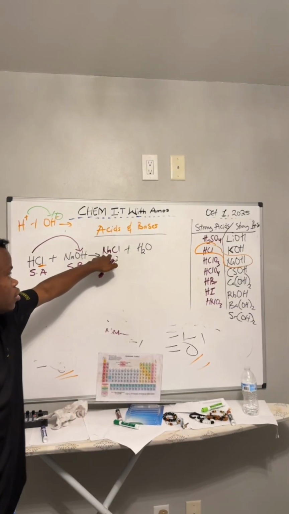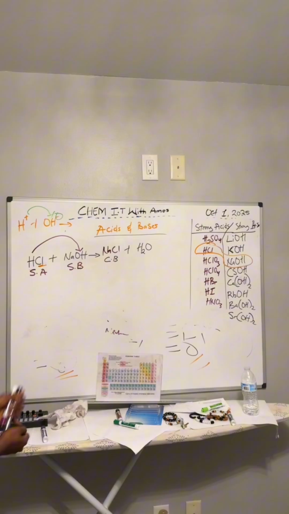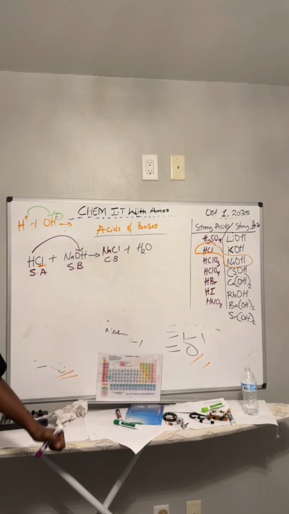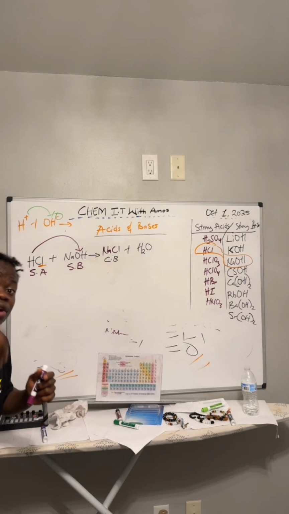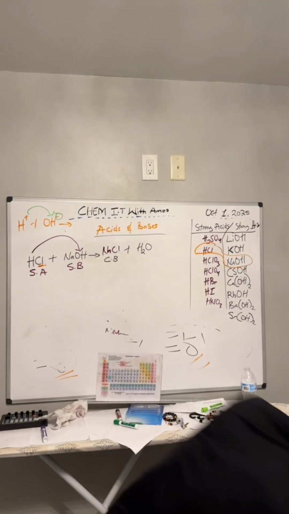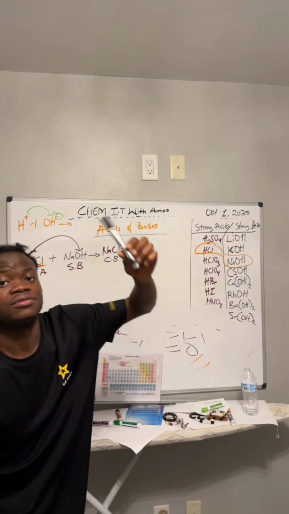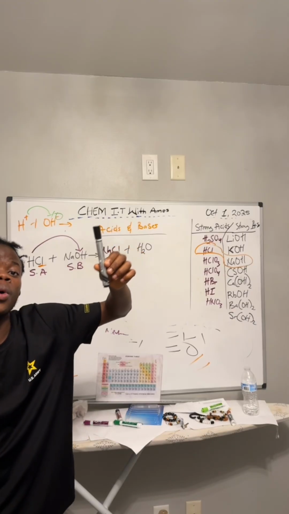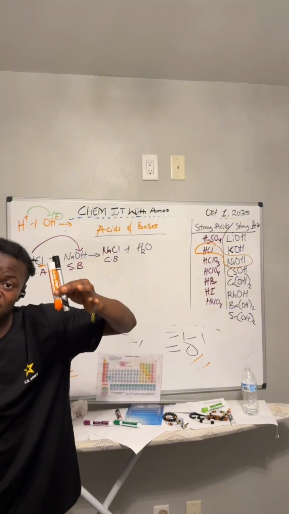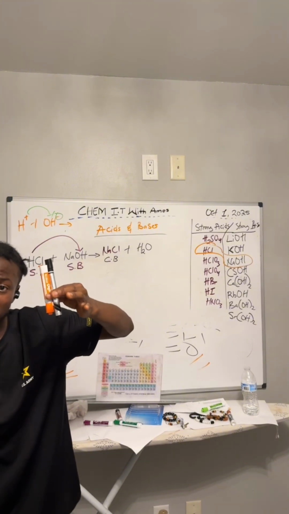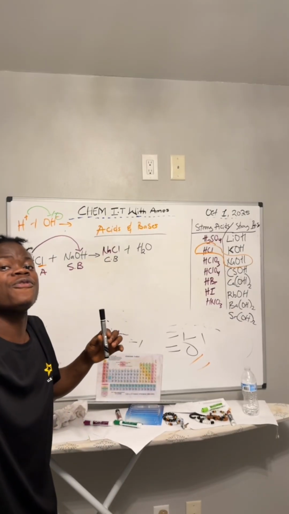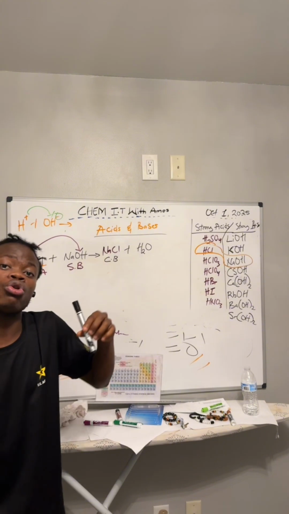And we say that when a base accepts or gains a hydrogen ion, that product becomes the conjugate acid.